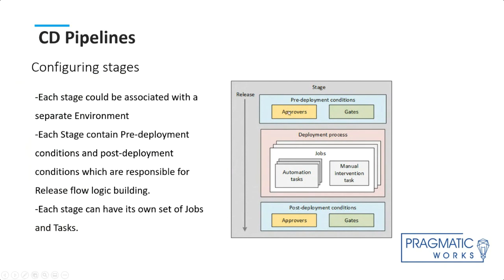About approvers, it's mostly related to getting approval from a specific role or group of people, for example, QA engineers. It is also important to have approvers before we deploy some packages to UAT or production environment.